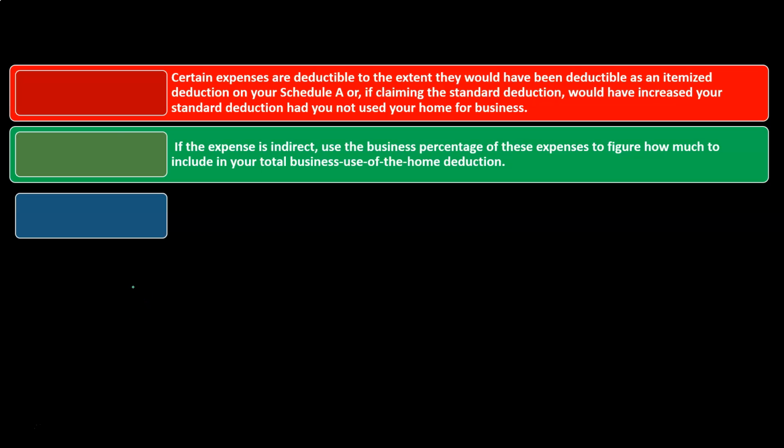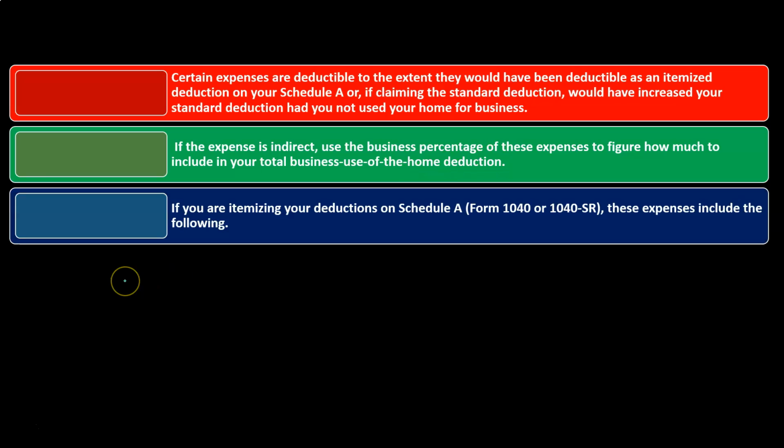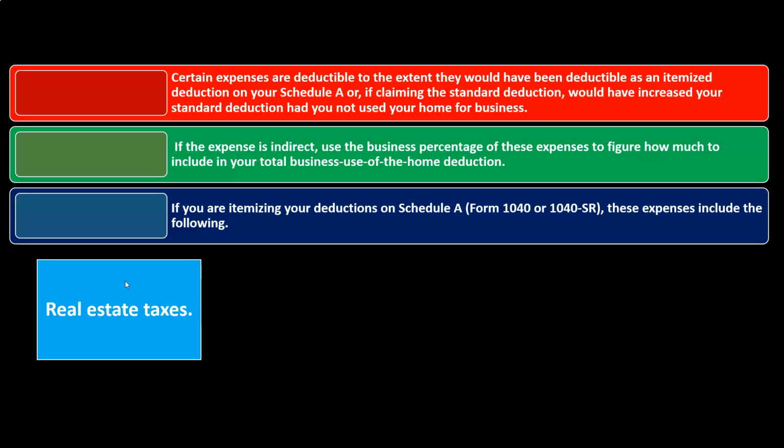If the expense is indirect, use the business percent of these expenses to figure how much to include in your total business use of the home deduction. So if it's indirect, the business percentage is going to be used. If you are itemizing your deductions on Schedule A, Form 1040 or 1040-SR, these expenses include the following.